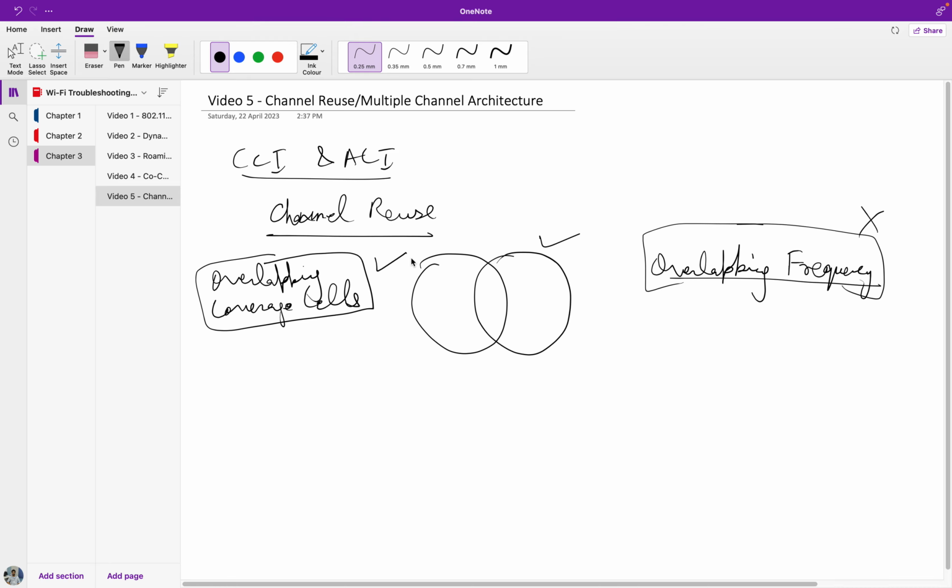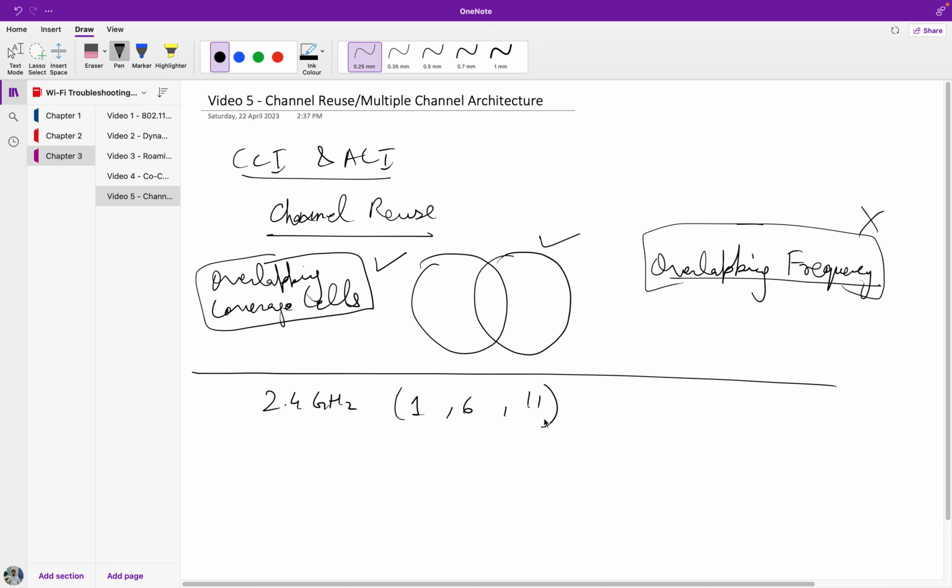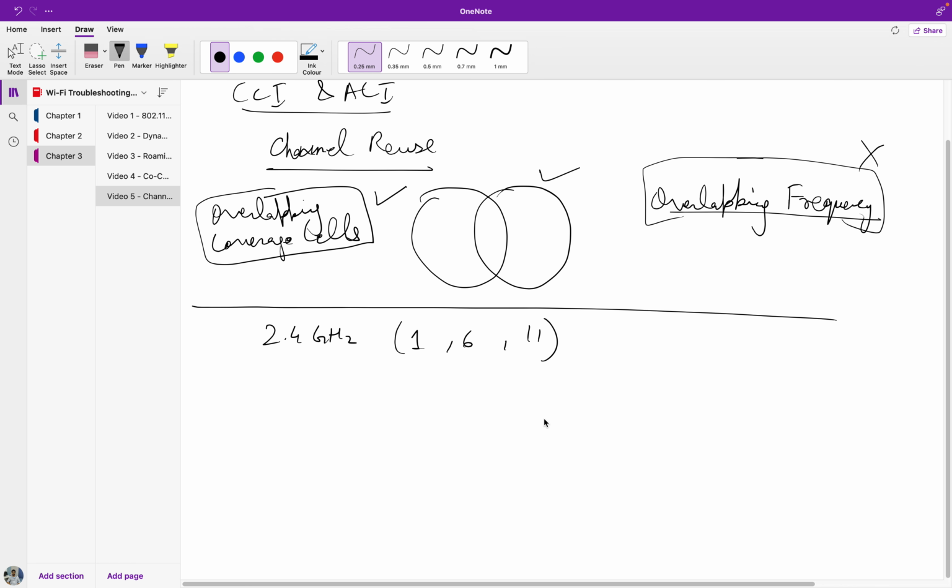So a good multi-channel architecture or a channel reuse plan needs to be employed on the Wi-Fi network to make sure that it doesn't run into a problem. The limitation is that in 2.4 we only have channels 1, 6 and 11 that meet this criteria of non-overlapping frequencies, right?